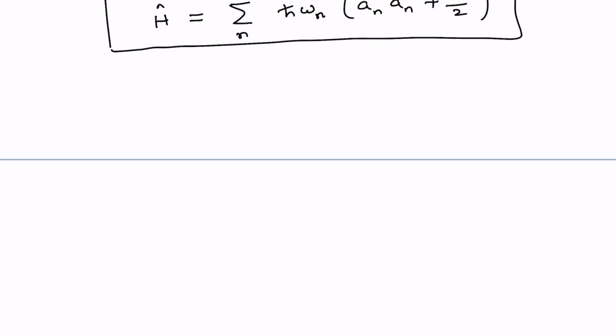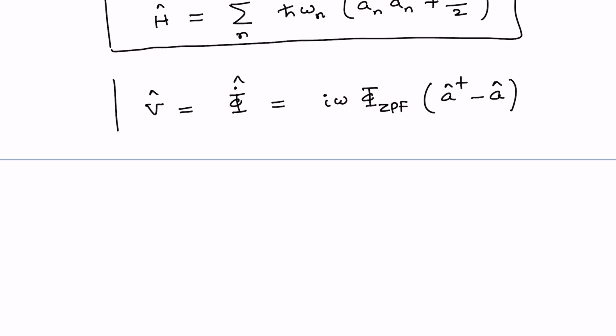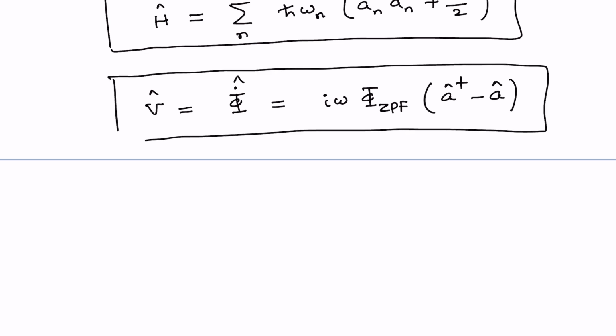This voltage is going to be an operator, and that is nothing but the rate of change of the magnetic flux operator, φ dot. Rate of change of magnetic flux gives you the voltage. So we have already the expression for φ, so thereby you can show that this is going to be simply i ω φ_ZPF (a† − a). Okay, so this is going to be the voltage operator.